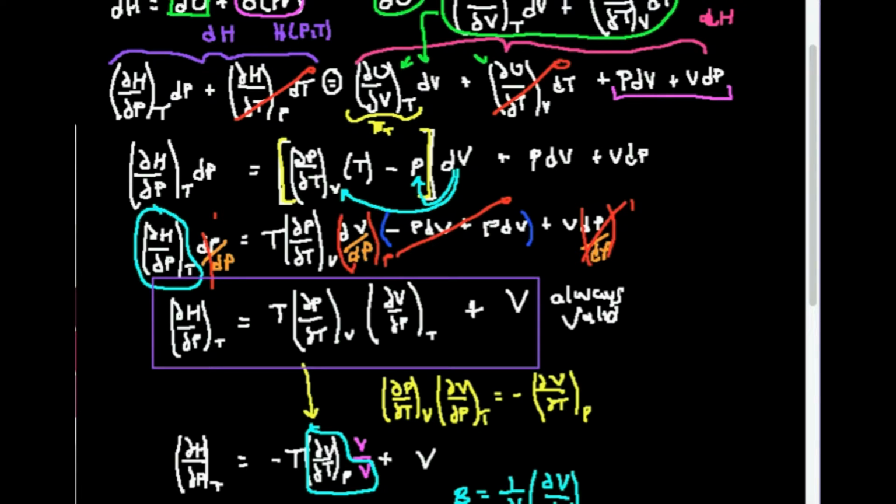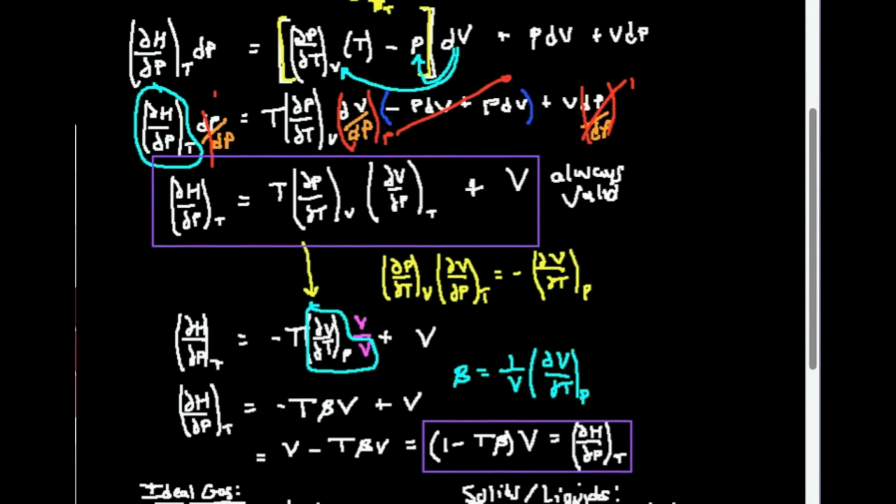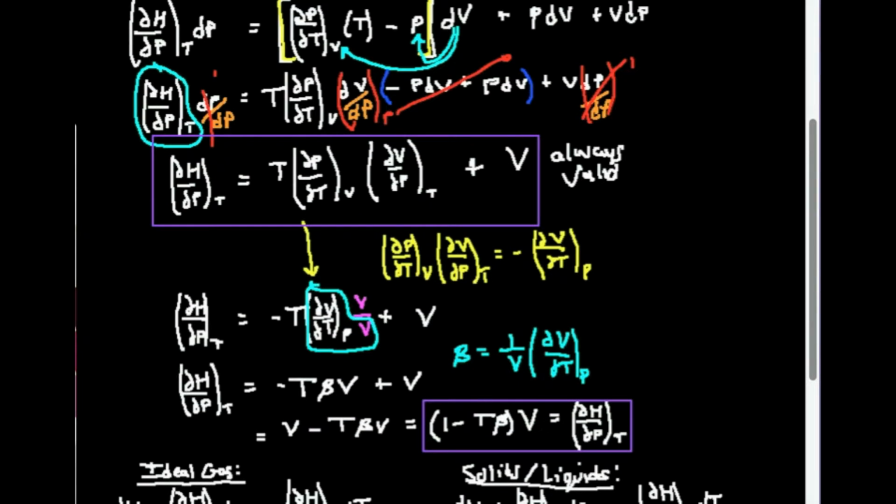Now, one thing I will mention, because it's very important, if you're doing this for certain gases, and in particular, a great example is a van der Waals gas. In another video, we actually see this partial derivative right here. This one right here is similar enough to when we tried to find the partial of V with respect to T at constant pressure.